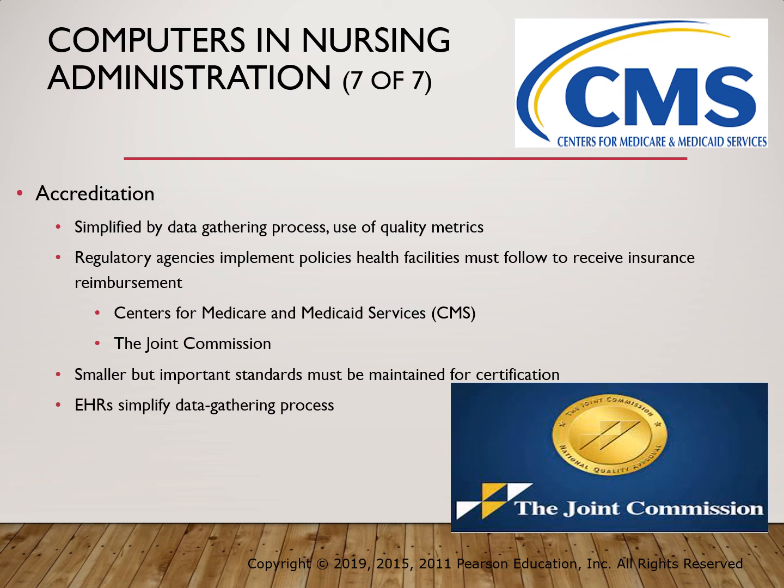And all the data, all the surveys and everything that they do in the system is there for the CMS and the Joint Commission to review when they come in. So again, these systems are a way to gather data, and so when each of these agencies come in to review you for accreditation, this information is available to them right there on the electronic record. And that's it for this exemplar.